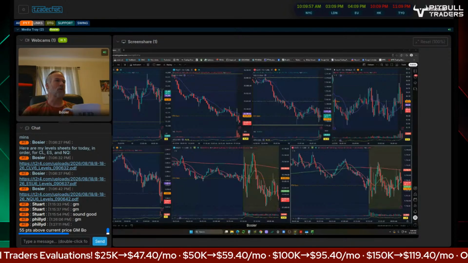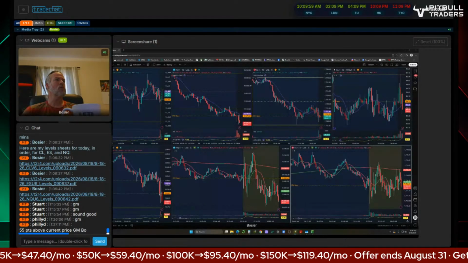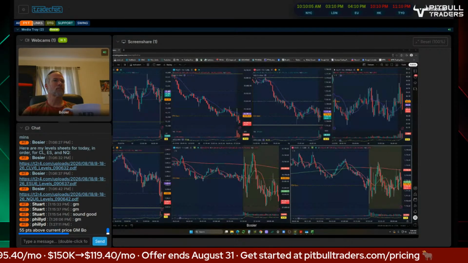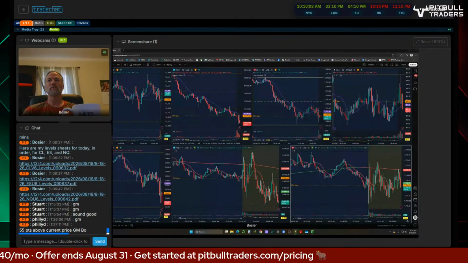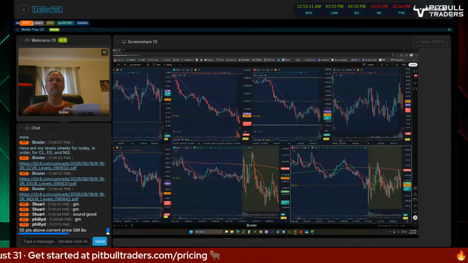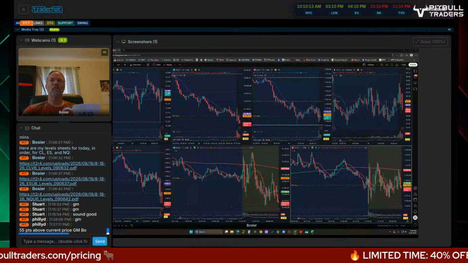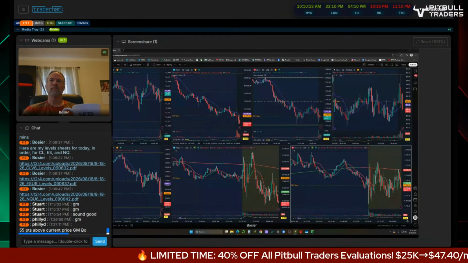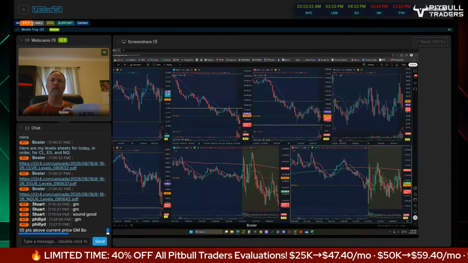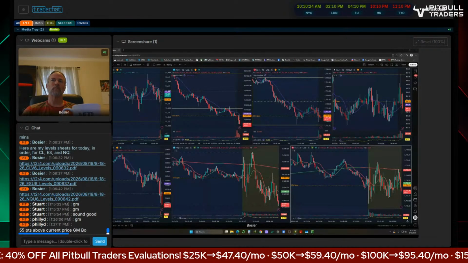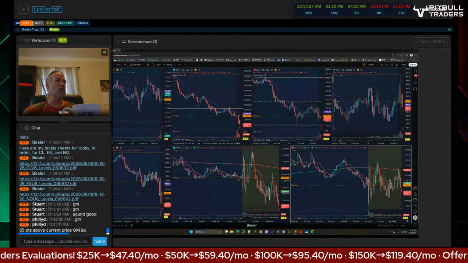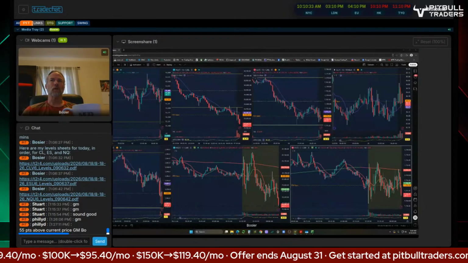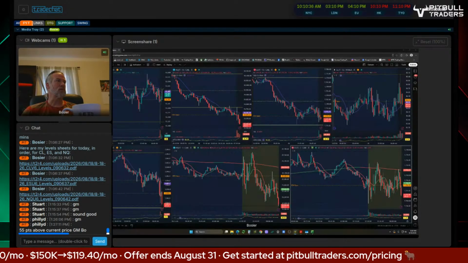I'm bidding 23 on one. And then I've got a 20 bid on a second. Okay, I got filled on one at 23. See if I can get the 20 back. And NQ broke its low here.